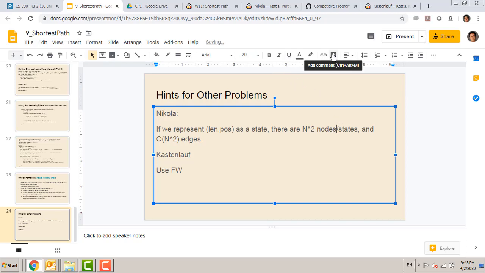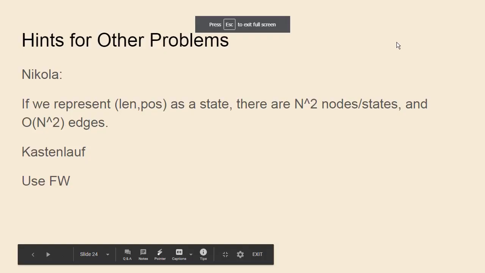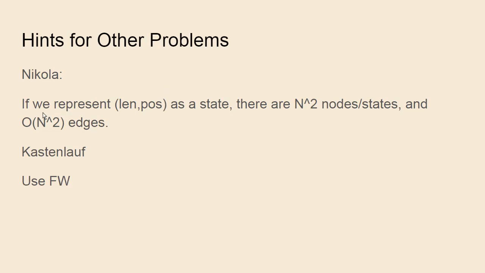But because at every state you can only jump either forward or backward, there are only 2 edges out of each state, so the number of edges is up to just 2 million. So if you implement your code right, it's actually doable using Dijkstra.